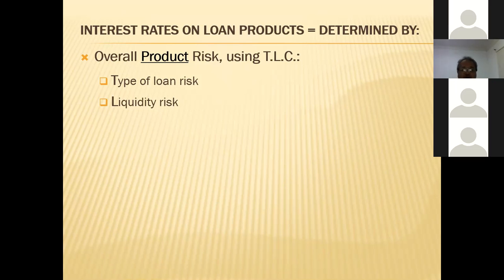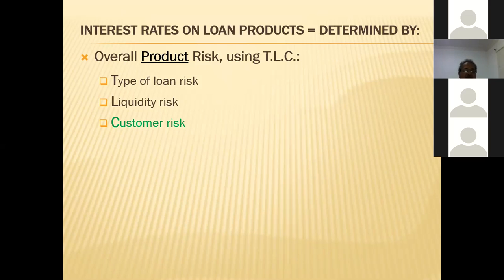Okay, so we have the type of loan risk, we have the liquidity risk, and then we have the third one, which we'll look at in greater detail in a moment, which is customer risk.